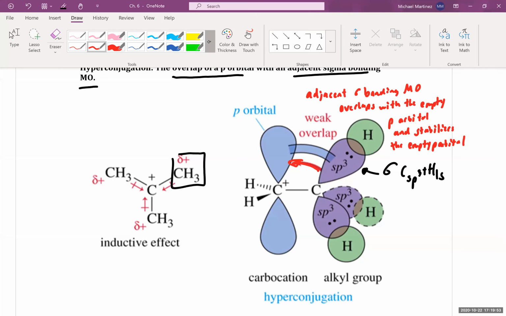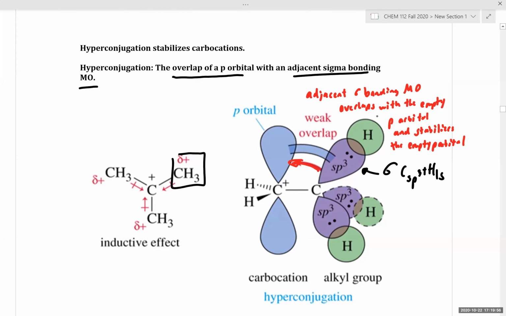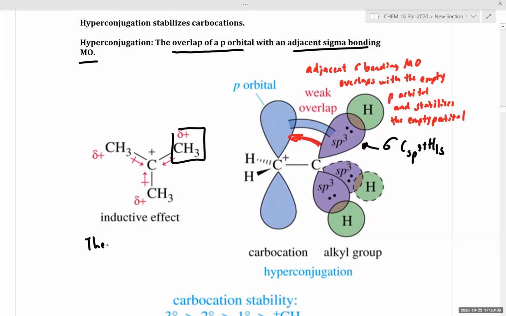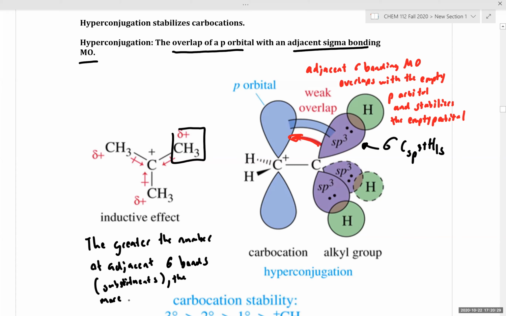Because the strength of this hyperconjugation effect depends on the number of our adjacent sigma bonds, the greater the number of adjacent sigma bonds, which is proportional to the number of substituents, the more stable our carbocation.